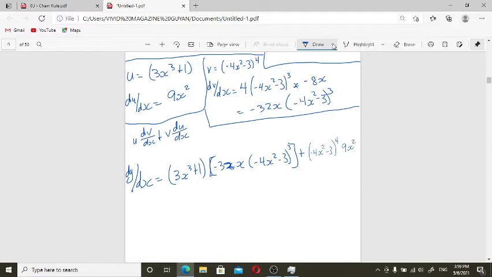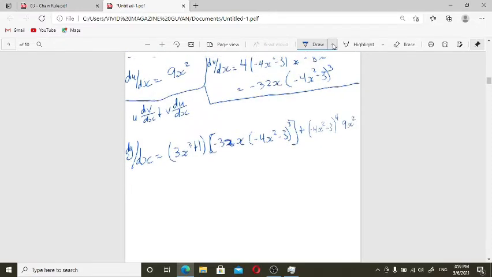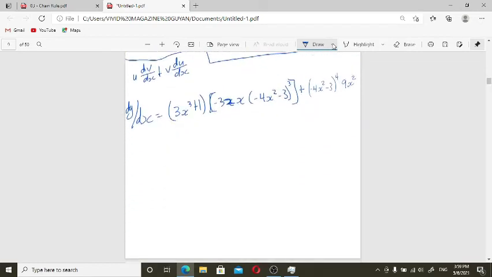All right, so you are here. Now the next step, you have to keep up for this one. If you look here, we have a minus 4x squared minus 3, and we have another minus 4x squared minus 3, both raised to different powers.